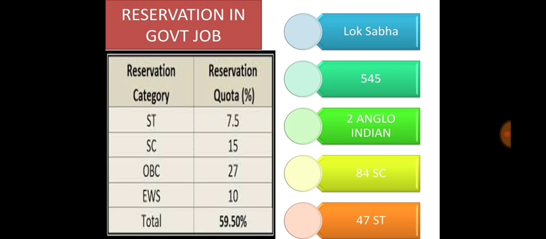And 84 seats are reserved for the SC community, and 47 seats are allotted for the ST community, because this community has a lack of power or has suffered social deprivation. So we start to empower them. They want to include their voices in policy making, and so we have given reservation in Lok Sabha.